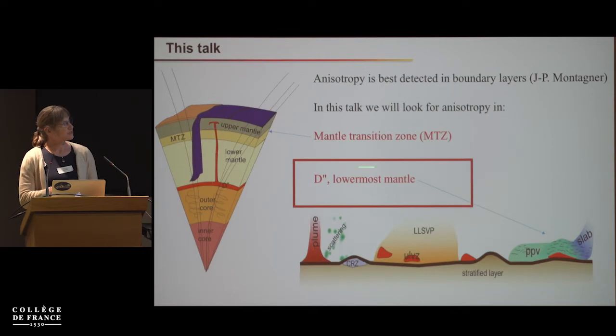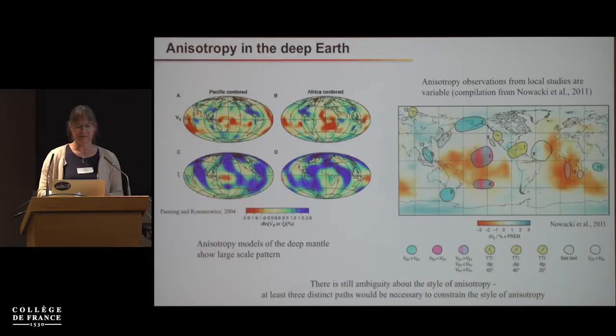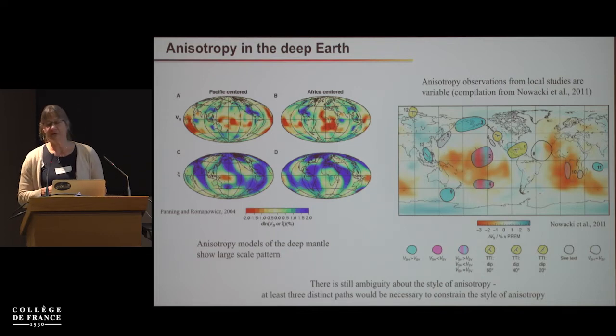So if we now come to D double prime and the lower mantle, there have been lots of measurements of anisotropy in the deep earth, and here is, for example, the model by Panning and Romanowicz, looking at anisotropy in the lower mantle. And there's also been a compilation of mostly shear wave splitting observations for D double prime by Andy Nowacki.